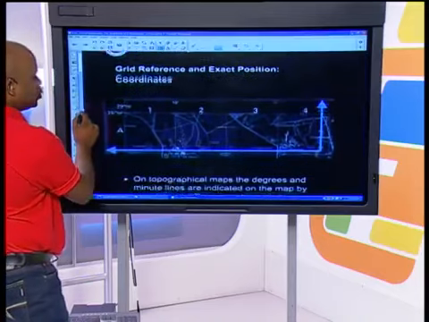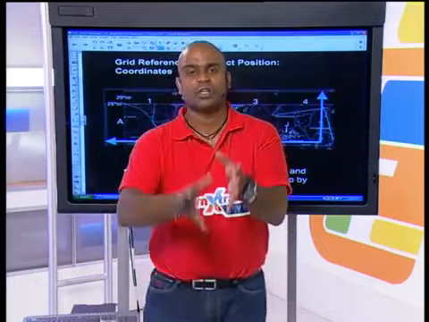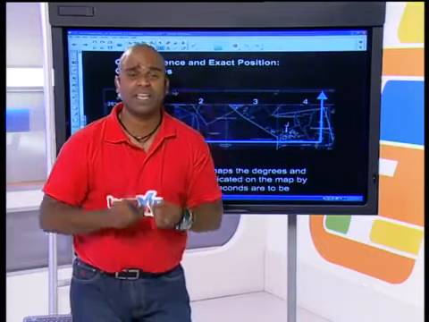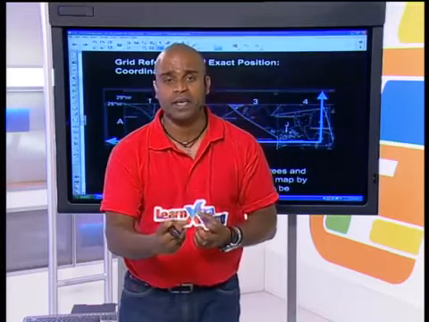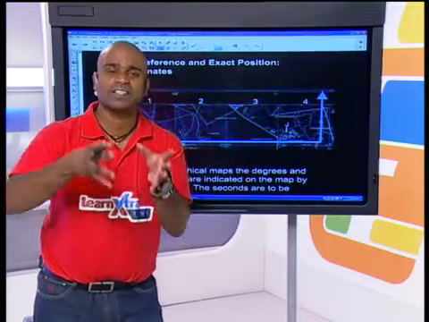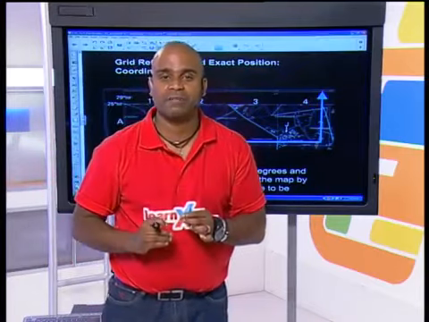What we've studied in geography is topographical maps. In grade 12, topographical maps become a culmination of all the map work that you've done in grade 10 and 11. And it's important to understand this concept in terms of how we calculate the position of points on a topographical map.